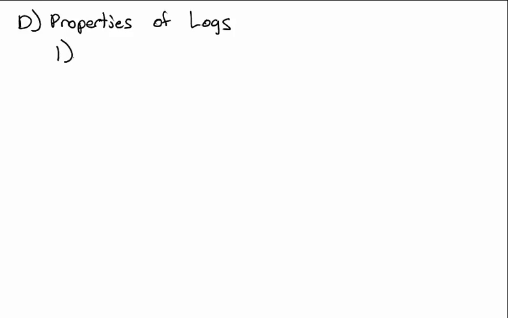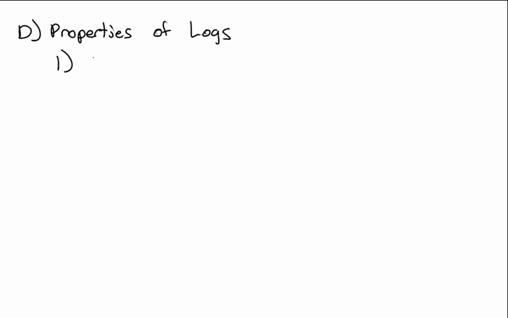The first 4 properties we're going to see if we can figure out intuitively. So the first one is going to be the log base anything of 1. What's that going to equal? Well, let's think about it over to the side here. If we said the log base anything of 1 and made that equal to x, we'd be saying a to the x equals 1.